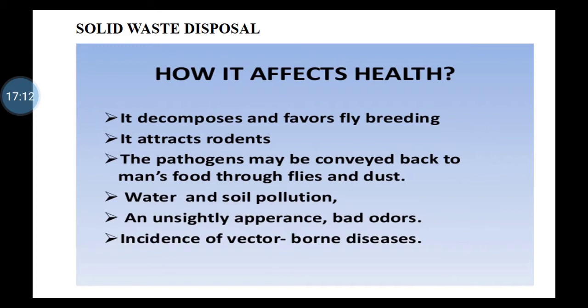Then there is the unsightly appearance. Many of you might have seen accumulation of waste matter and refuse nearby to the societies and commercial establishments. That is harmful to health. Bad odor comes and it may favor the growth of microorganisms, and there are more chances of vector borne diseases. What a vector is, we will discuss later on.